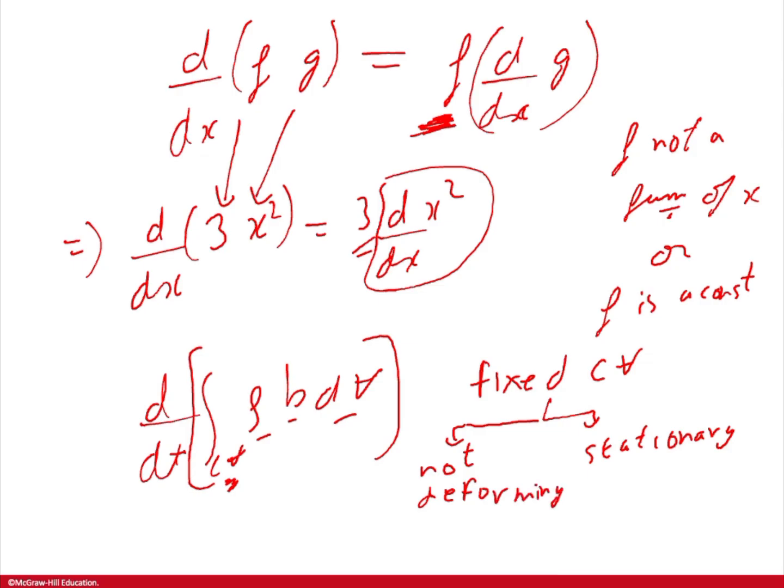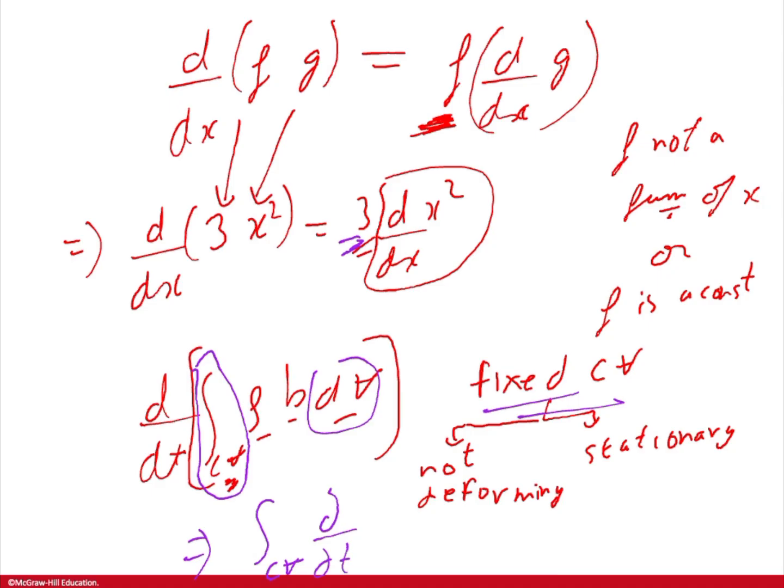So essentially your volume is remaining constant with time because it's a fixed control volume. So similar to this expression, since it's a constant, you can take it out. As a result, you can take the integral out and just look at the derivative of rho times b.